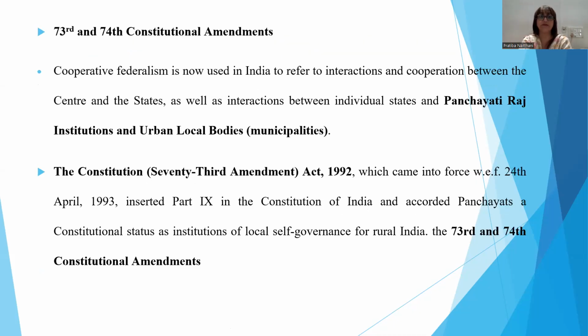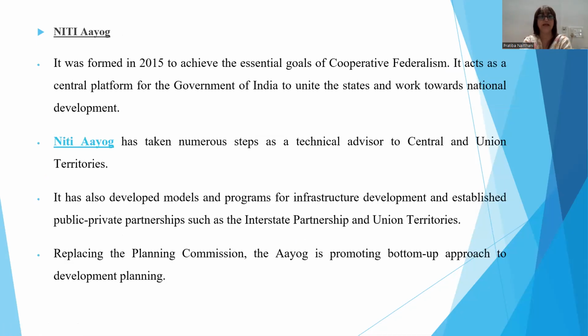The 73rd and the 74th Constitutional Amendment, I have talked about it. In 1992, the 73rd Act was passed, and implemented in 1993, which has made the institution of local self-governance for rural India very strong, the Panchayati Raj system. The Niti Aayog: in 2015, the Planning Commission was renamed as Niti Aayog.